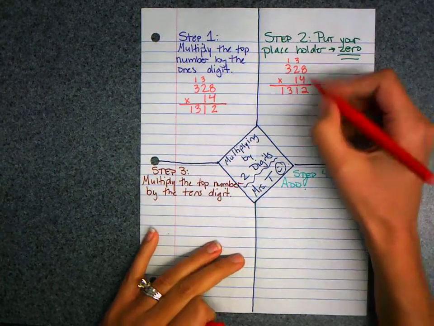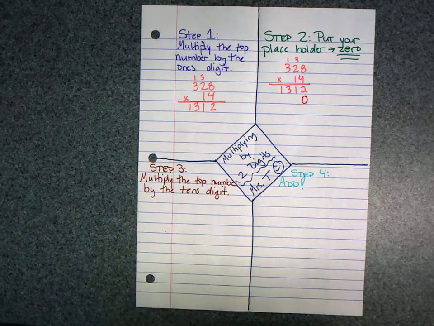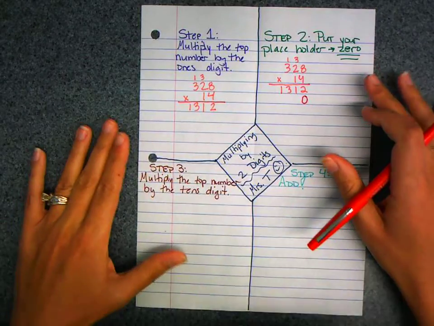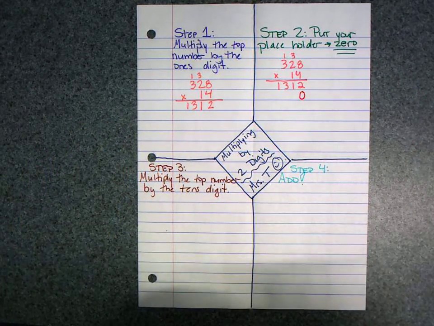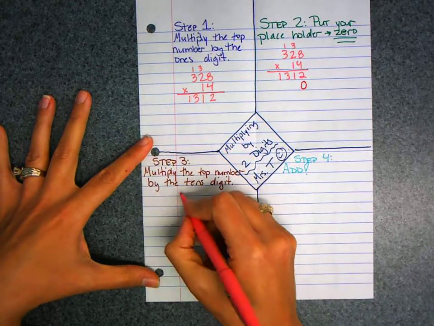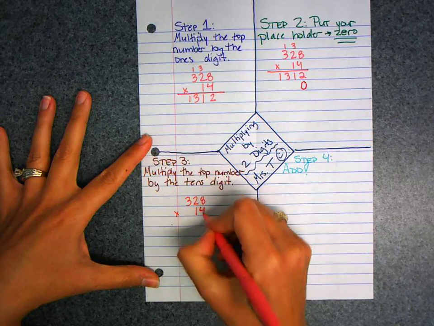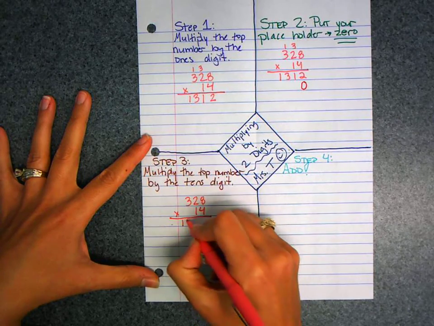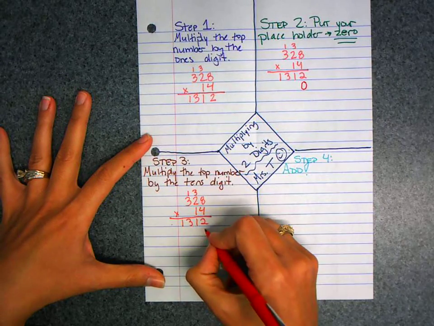I'm going to get my red marker and put my placeholder. That is the only step that I'm doing right there. Now I'm going to move down to step 3. I need to multiply the top number by the tens digit now. So I'm going to rewrite this problem. Okay, add my 0 placeholder.